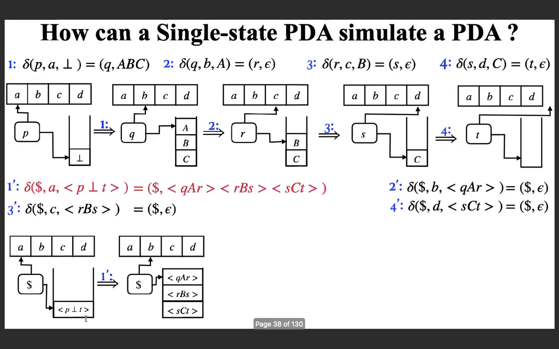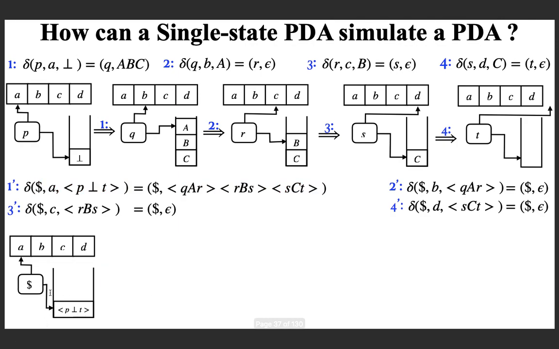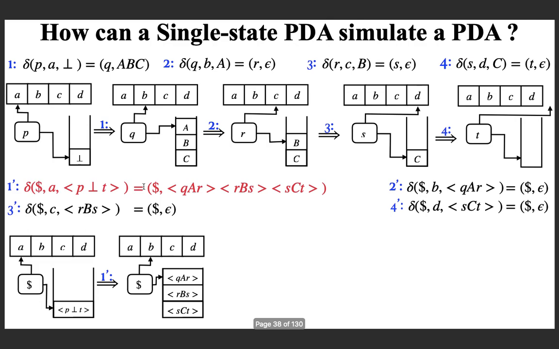And note that now there is a transition that applies to $, A, P, bottom, T, that is this transition, and if you apply it, what you are saying is remain in $, and you push in these 3 triplets. That is exactly what you are doing here. Now if you look at this configuration $ B QAR, and you have a transition here, just apply it.